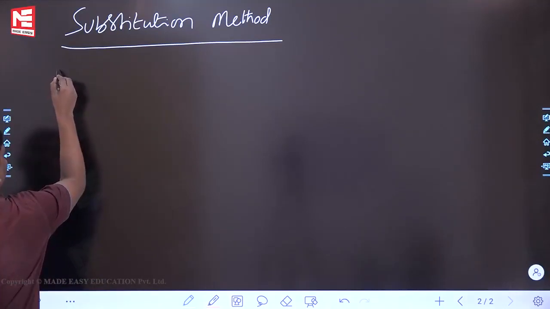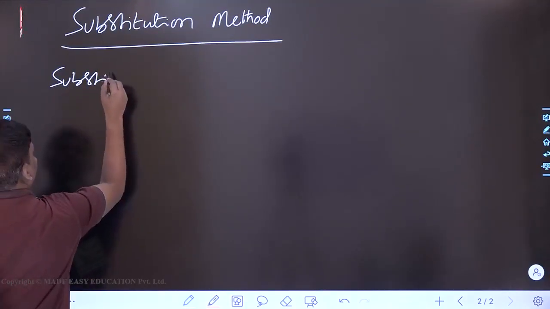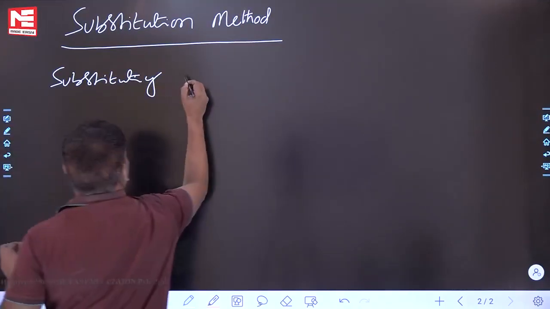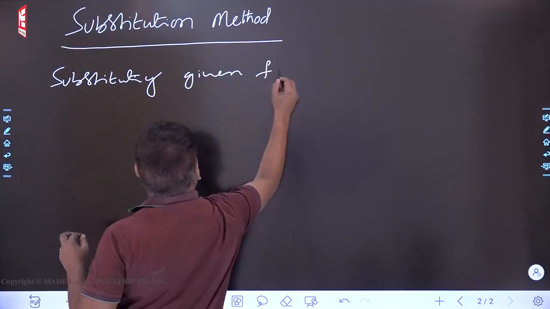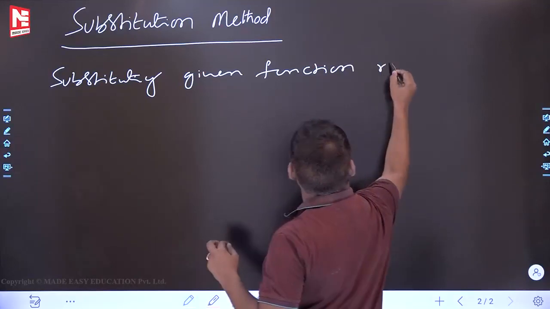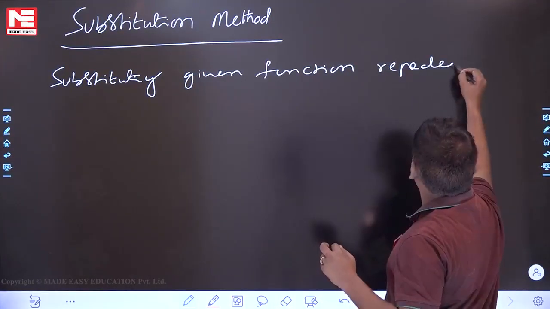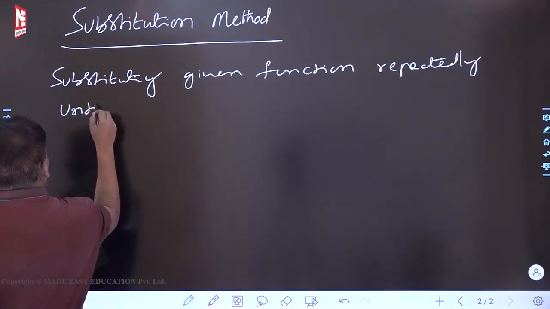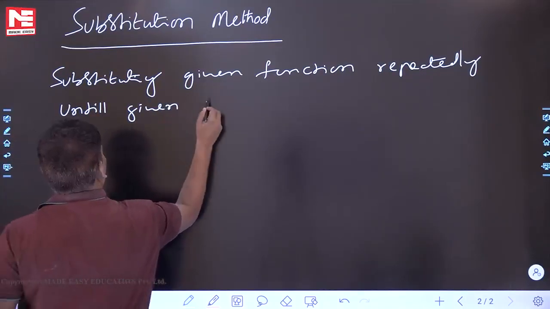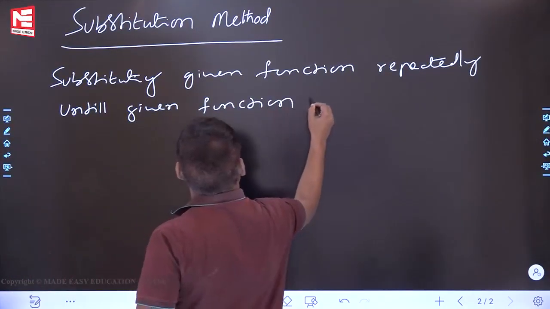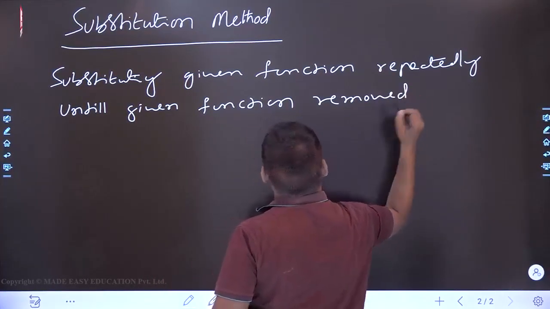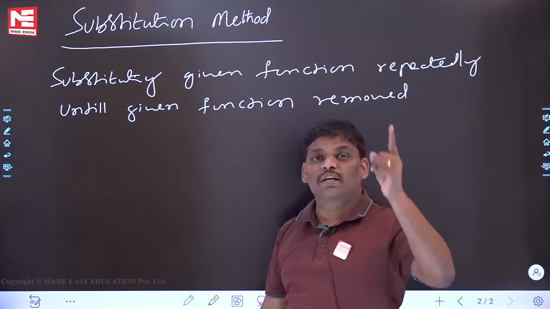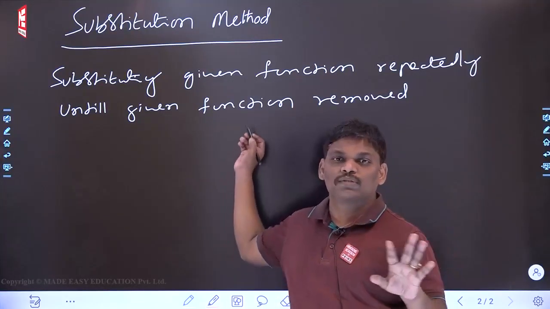Let me write it now. Substituting the given function repeatedly until the given function is removed is known as the substitution method. I am repeating once again: substituting the given function repeatedly until the given function is removed is known as the substitution method.